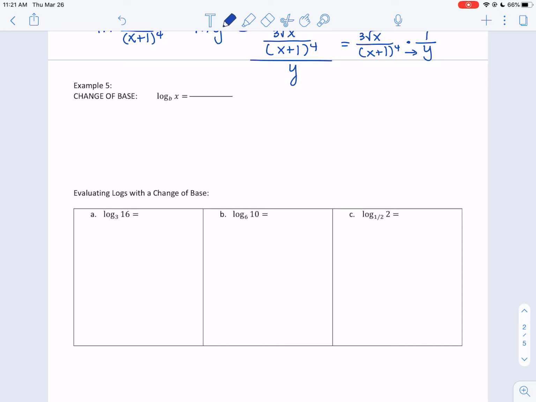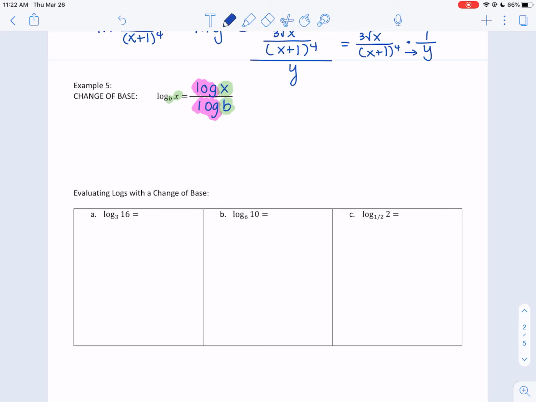If that's the case, you can rewrite that as log x divided by log b. As long as the base on top matches the base on the bottom for those particular logs, you can separate it by putting your x as your argument on top and your b as your argument on the bottom.